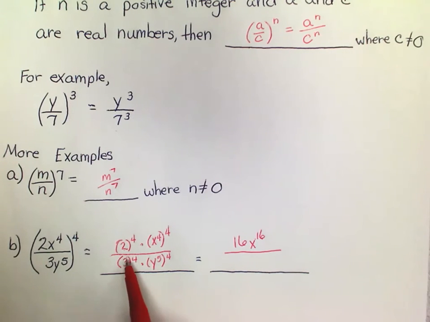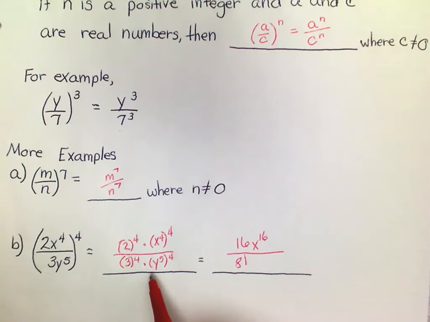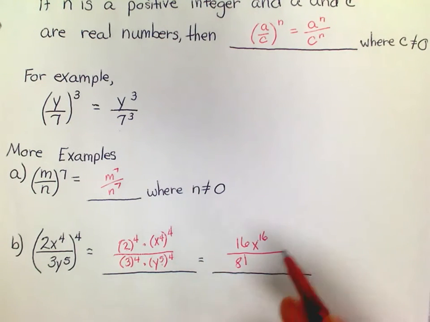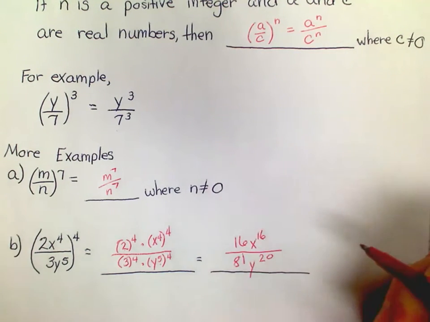On the bottom, we know that 3 to the 4th power is equal to 81. And we can multiply these exponents together, and let y be our base to the 20th power.